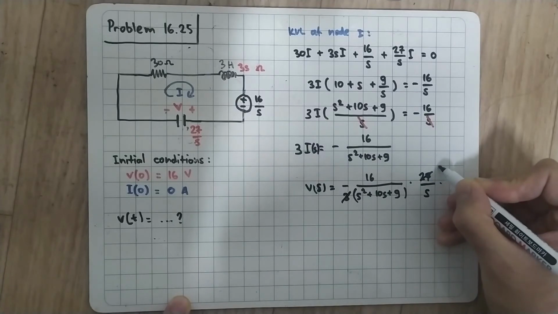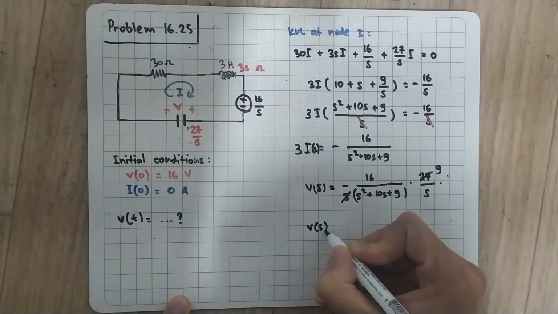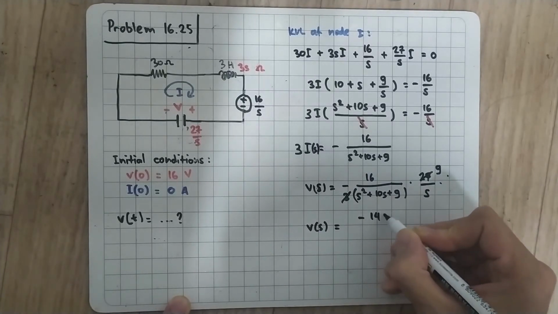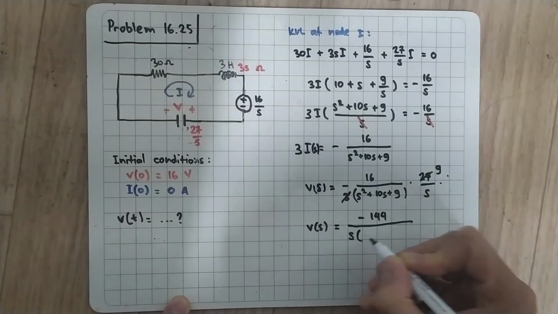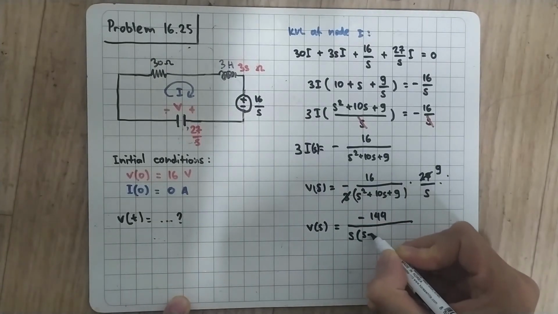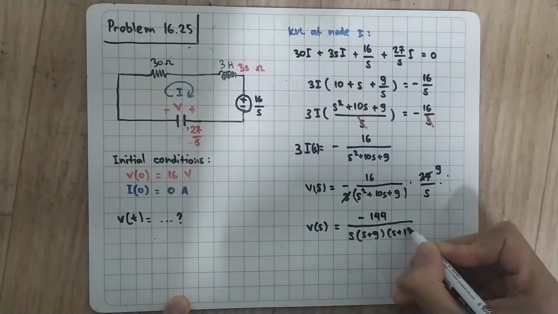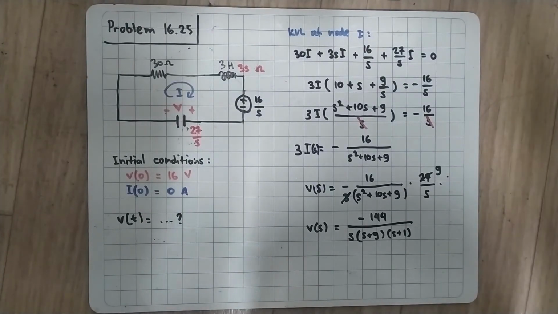This will cancel to 9, and I will have Vs is actually minus 144 divided by s. And now let's factor this into s plus 9 and s plus 1. Okay, we now need to convert this into time domain. Let's clean the board and do that.